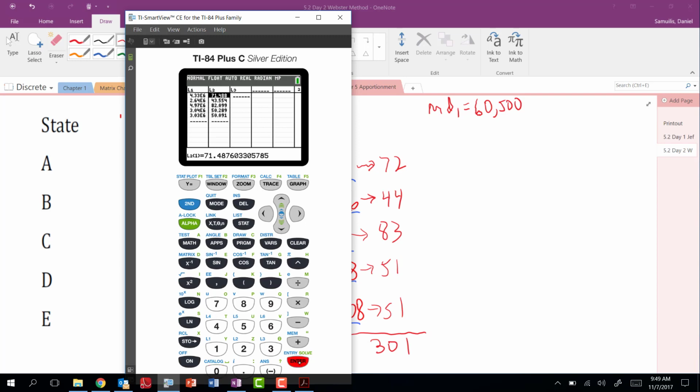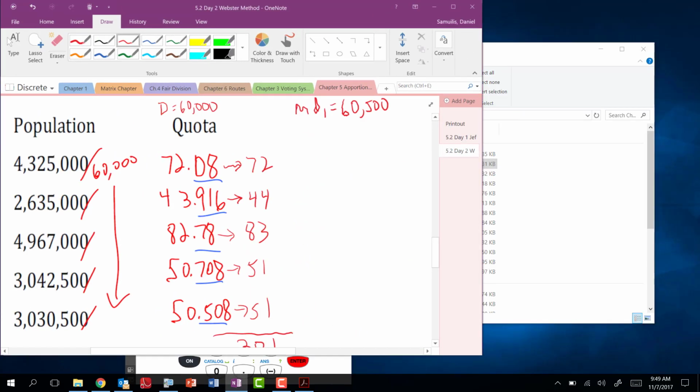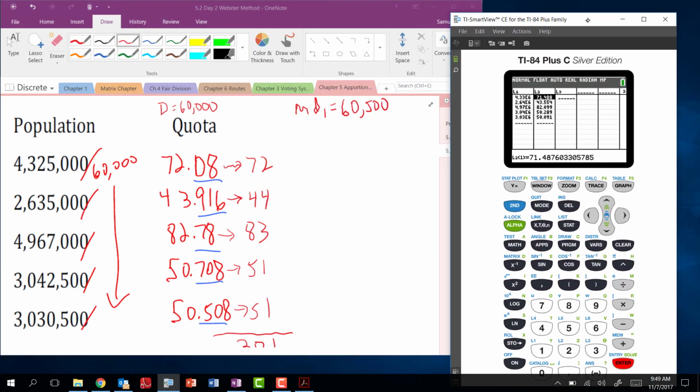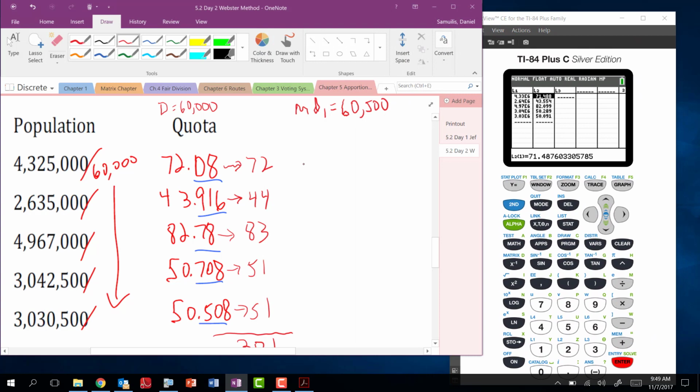And look at what happened. What's 71.48? 71. We lost one. What's 43.5? 43, stays the same.